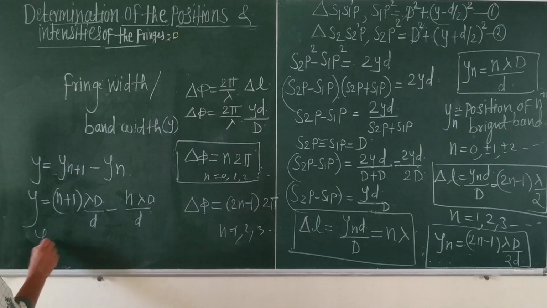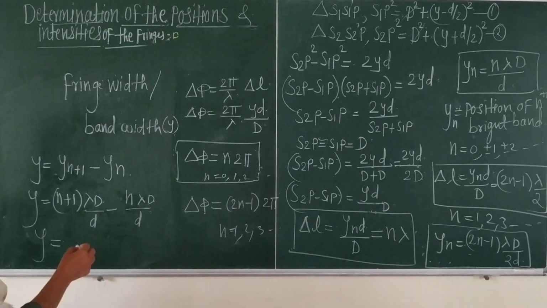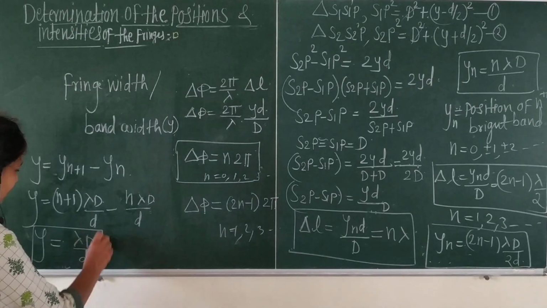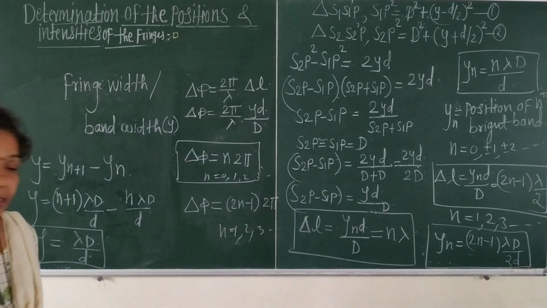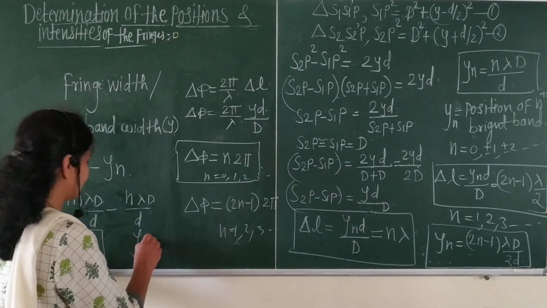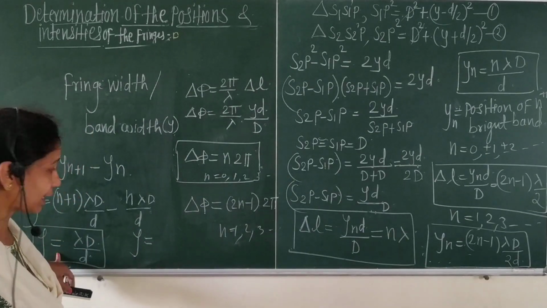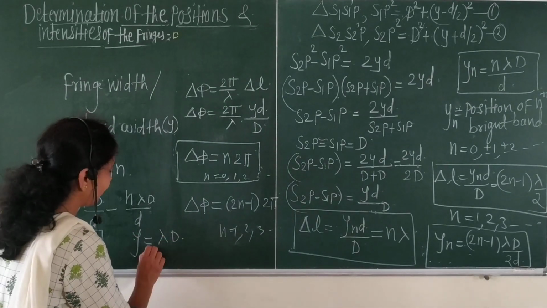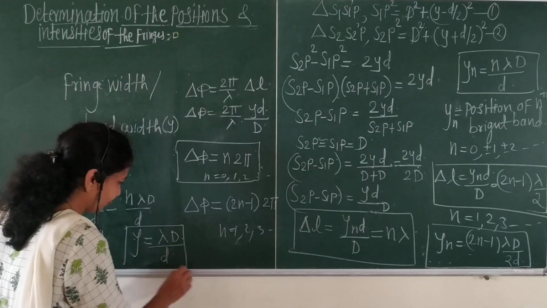If you calculate this, you get y is equal to lambda D upon d. This is the fringe width for the bright band. Similarly, you can calculate the fringe width for the dark band, and its equation is also y is equal to lambda D upon d.